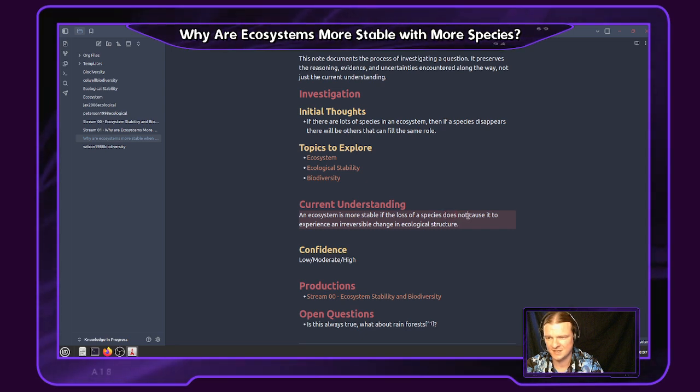And instead of saying does not, let's be more subtle here. The does not is very strong. Let's say if the loss of a species is less likely to cause an irreversible change in ecological structure.